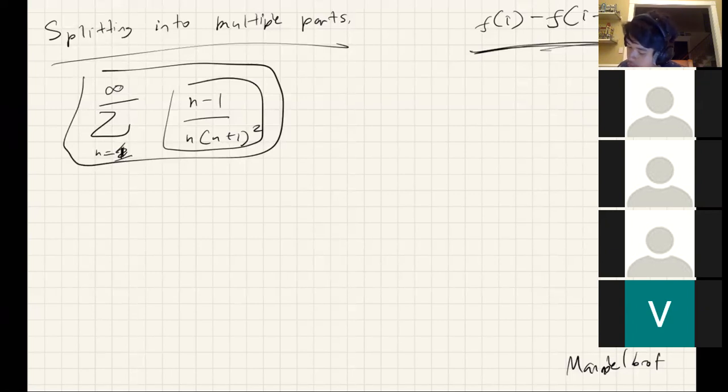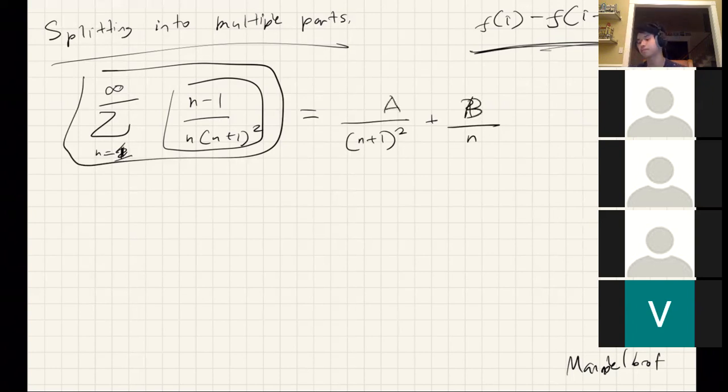Actually, the way you're supposed to do this is to first think about splitting into two parts. So in this case, we're going to try some partial fractions, where one denominator is n plus 1 squared, and one denominator is n.